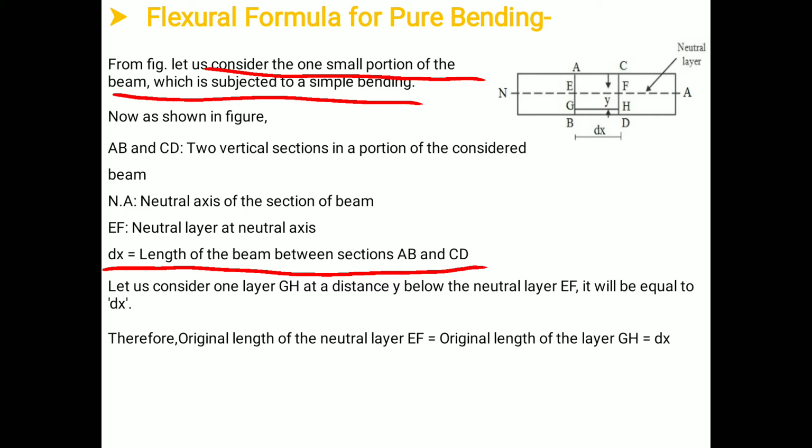Remember that the original length of the neutral layer EF is equal to the original length of layer GH, which is equal to dx. So, from the figure we can say that EF is equal to GH is equal to dx.